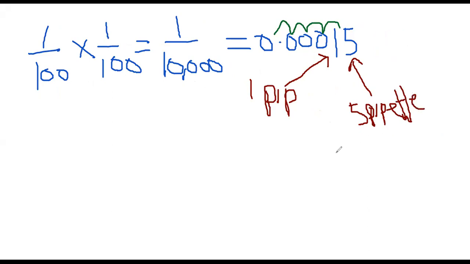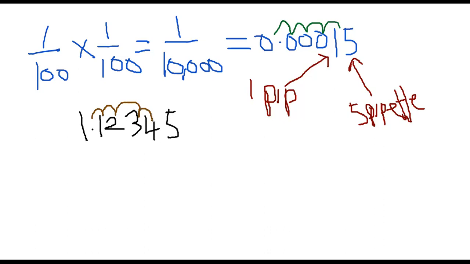So now class, what this means is, if you have 1 pip and 5 pipettes, let's say I have a normal exchange rate. Probably the exchange rate is 1.12345. So the fourth value from the decimal is 1, 2, 3, 4.